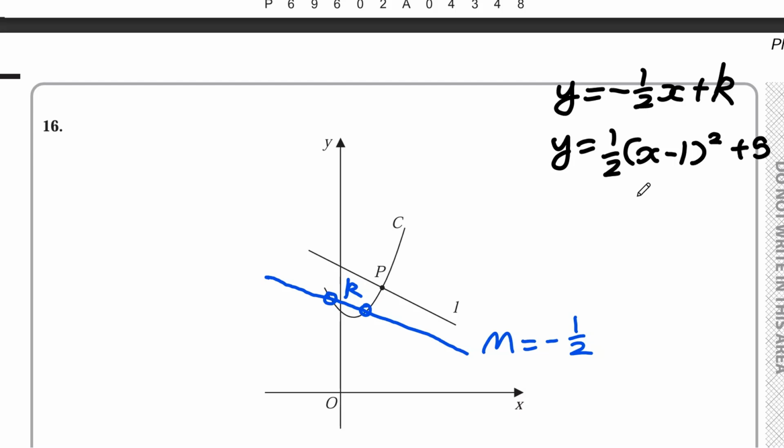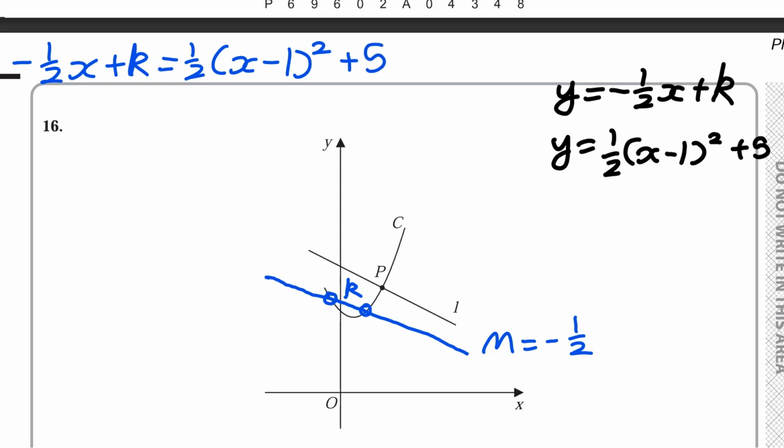If it has 2 points of intersection, what we can do is equate these two equations to each other. So we can say that minus a half x plus k is equal to a half (x minus 1) squared plus 5. If there are 2 points of intersection, this means the discriminant b squared minus 4ac is bigger than 0.